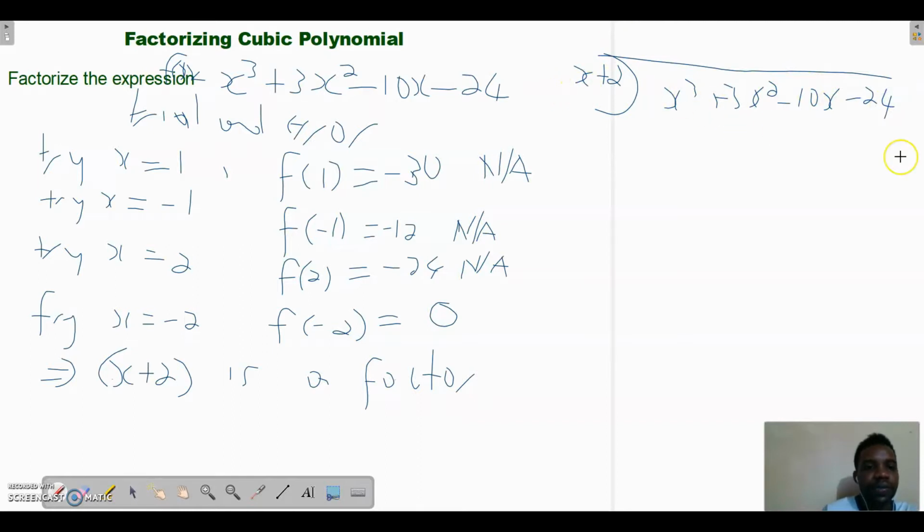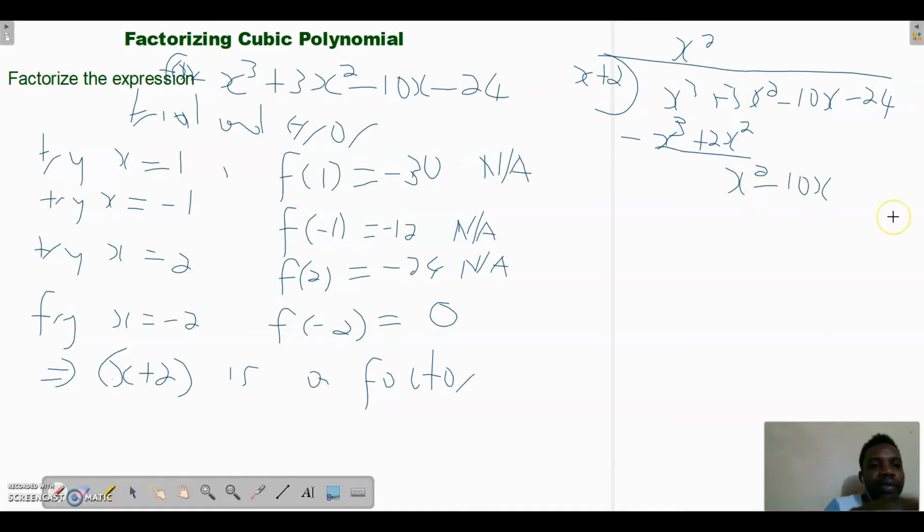We say x into x cubed is going to give me x squared. Now x squared times my divisor is going to give me x cubed plus 2x squared. And we subtract. Now x cubed minus x cubed is 0. But 3x squared minus 2x squared is positive x squared. And we carry down the minus 10x.